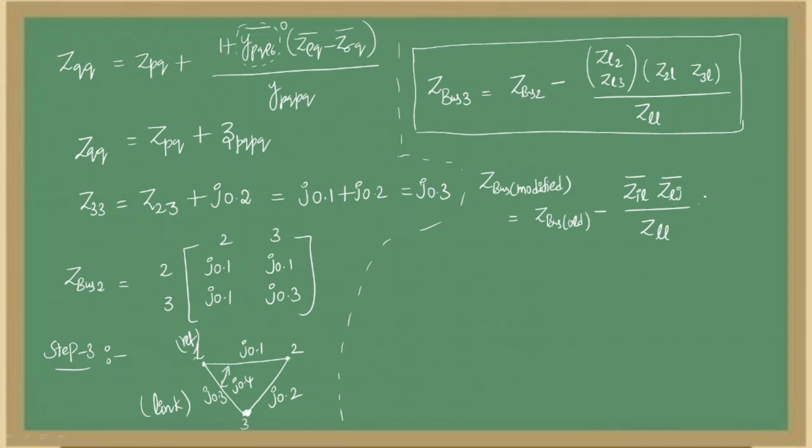Okay, so Z_IL bar is a column vector or a row vector, and Z_LJ bar is a column vector or row vector, divided with Z_LL. Now, in order to find ZL2, ZL2 is same as Z2L, ZL3 is same as Z3L. So these two are off diagonal elements and this is diagonal element.